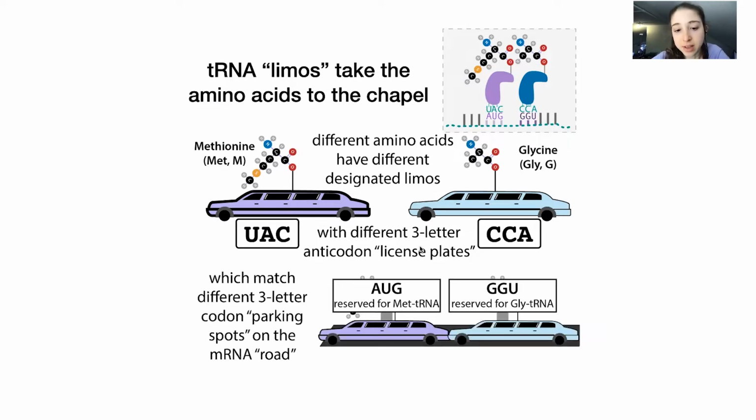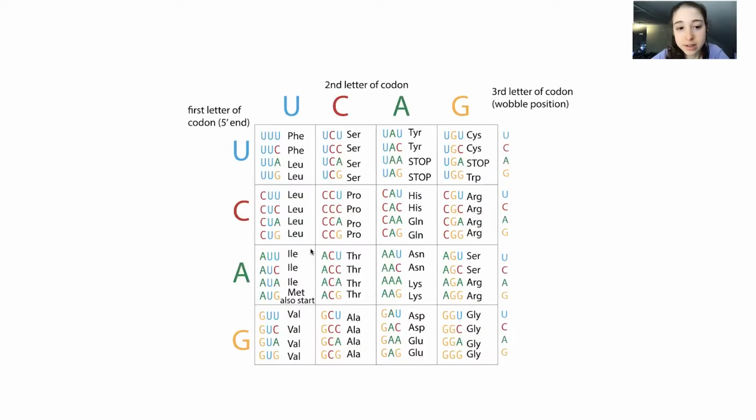They can only park where they have the corresponding codon. You can look at this like a codon table, and what you'll see is that some amino acids have multiple codons, so they have multiple limos, but a single limo will only ever have 1 amino acid.